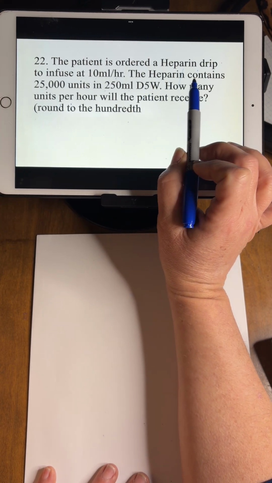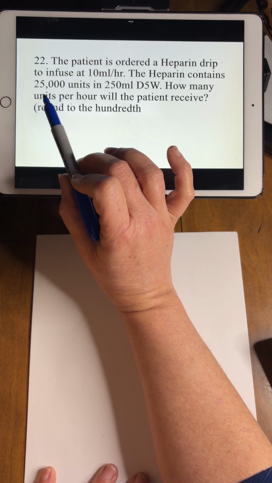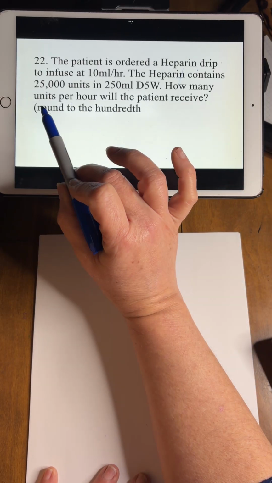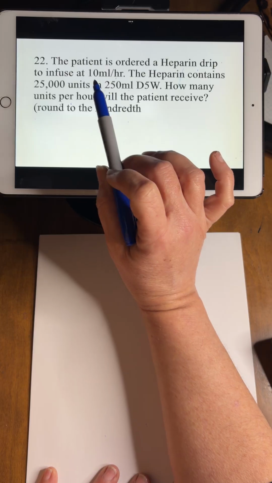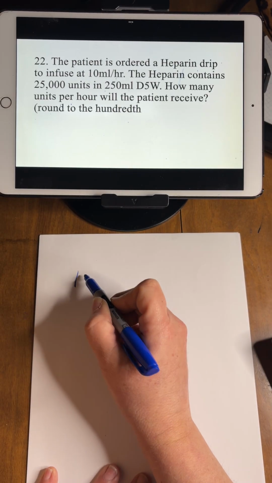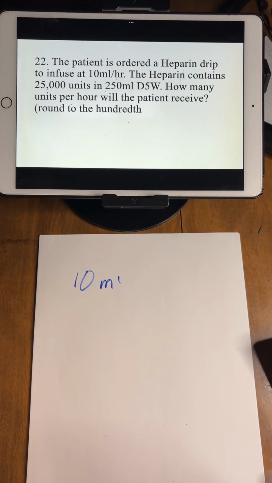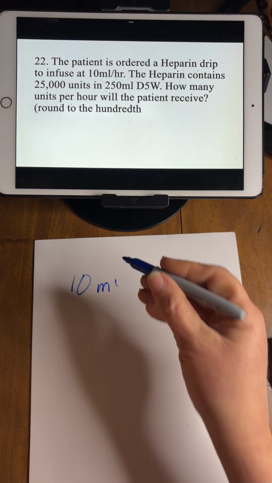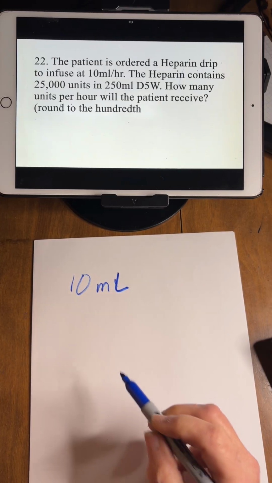And then the heparin in your hand contains 25,000 units in 250 milliliters D5W. And they want to know how many units an hour he's getting. So the doctor wants it going at 10 milliliters an hour. Now, I know we're used to his order being milligrams, but look, we're going to expand our horizons.